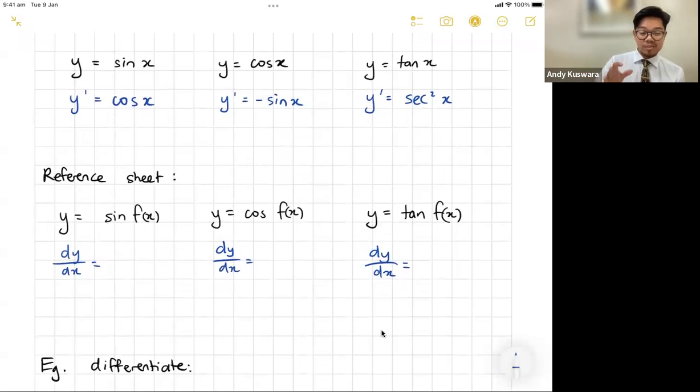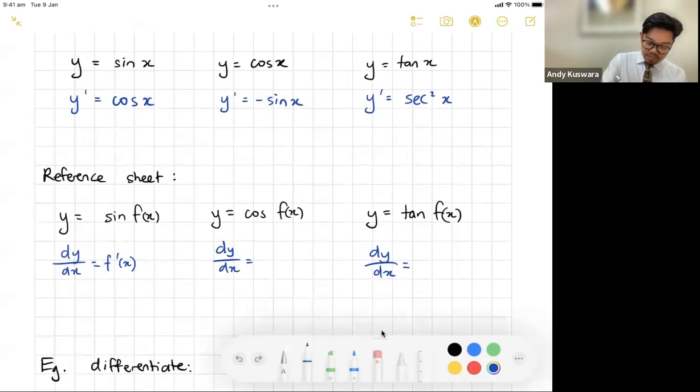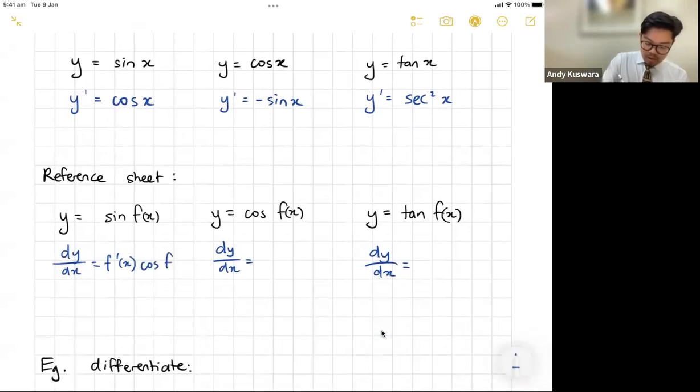Now what's nice about this is for any function that you get, it works. So if you have sine of f(x), your dy/dx is very similar to your chain rule. Your derivative comes out the front, your sine becomes cosine, and your function remains the same. Same thing with cos of f(x).